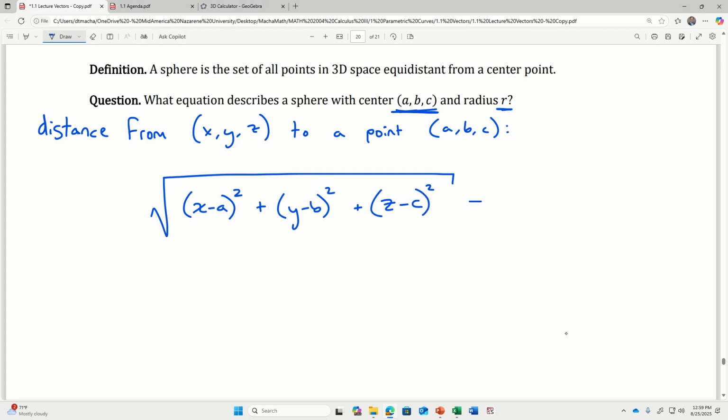That's the distance, right? And this distance should be equal to my radius.